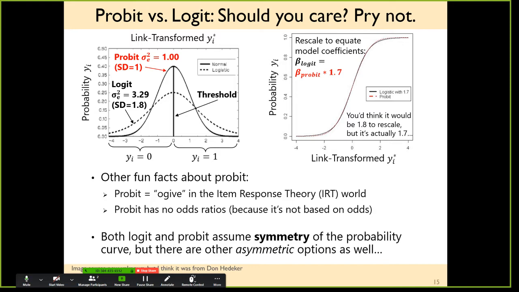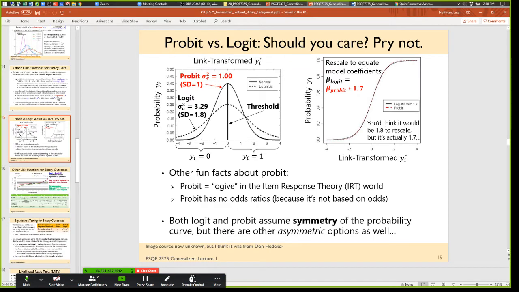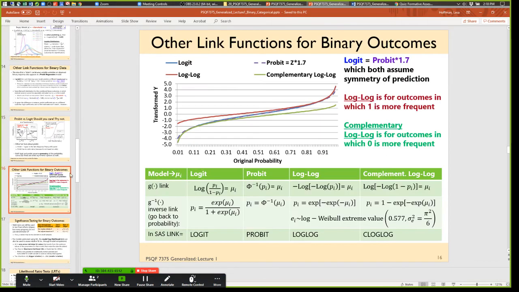They do the same thing versus other links. The slide right after it, log-log and complementary log-log, those are actually different. And again, use AIC and BIC to decide which one fits better. But practically speaking, logit is the only one that gives you odds ratios. They don't exist for the others because the others aren't based on odds.